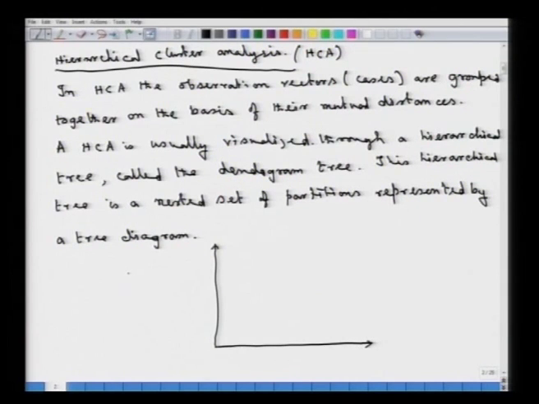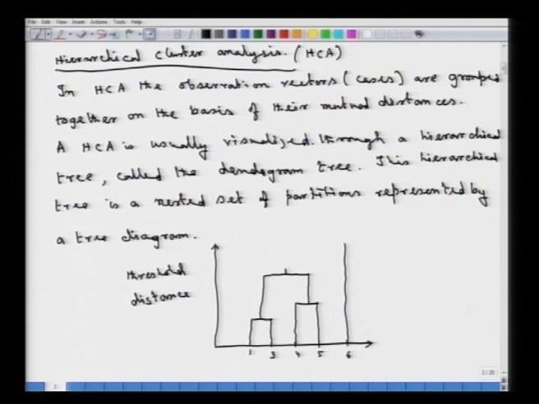Suppose this y axis is the threshold distance, which we are going to discuss. So, we have a tree of the following form. Suppose I have case number 1 here, case number 3 here, 4, 5, let us consider 6 cases, given by this type of tree structure.